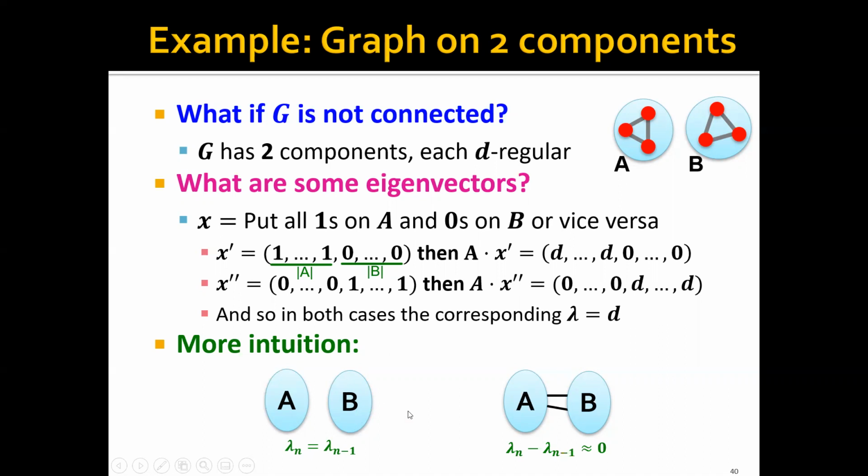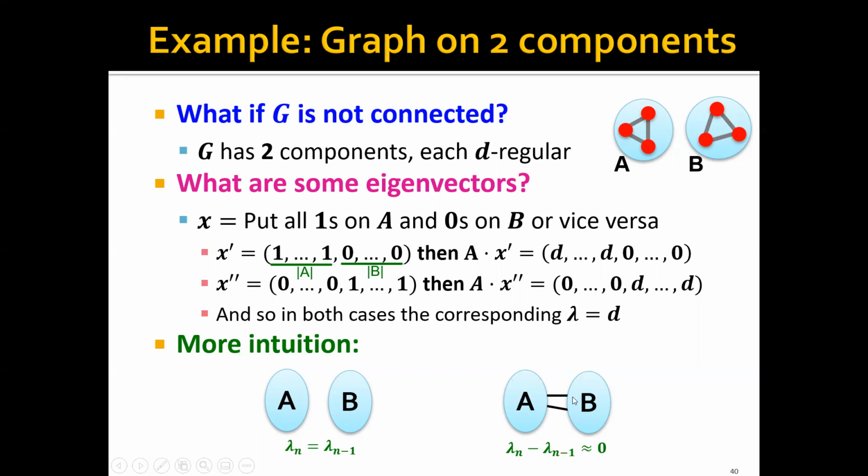Now, more interestingly, if this graph is connected, so it has only one connected component, but it's sparsely connected, basically it only has a very small number of edges between group A and group B, what will happen?